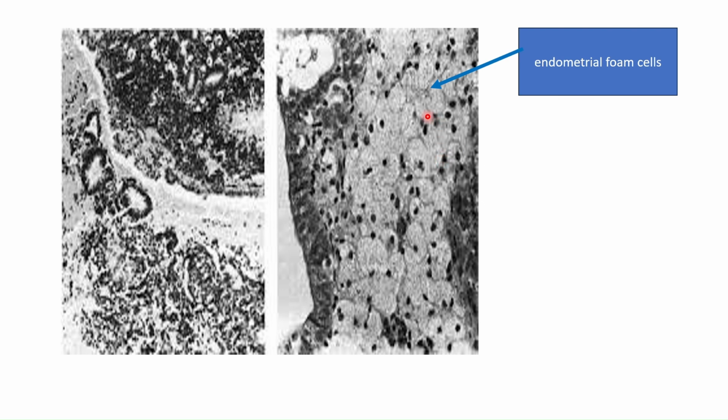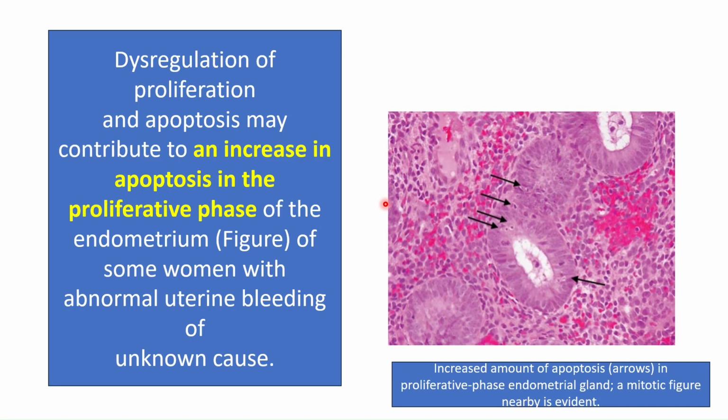In some cases, endometrial foam cells may be seen. This is due to lipid liberated from the RBCs lysing due to abnormal bleeding. So these are the benign foam cells in case of abnormal uterine bleeding. In some cases of AUB, there is presence of an increased amount of apoptotic bodies in the proliferative endometrial glands.